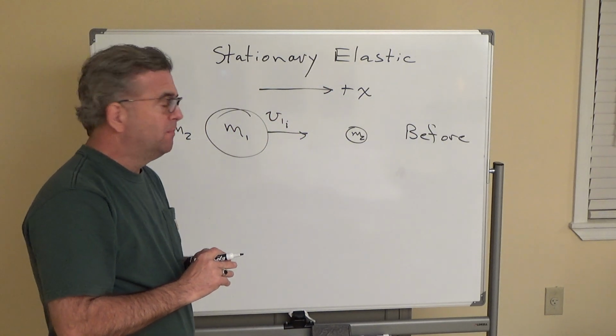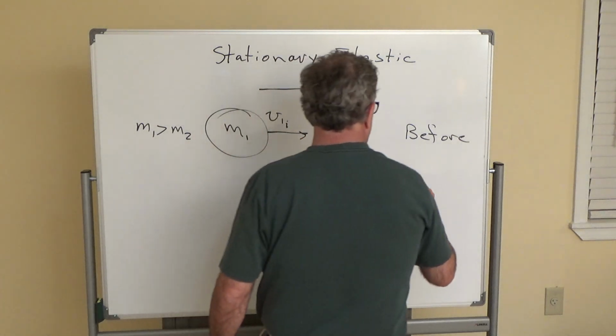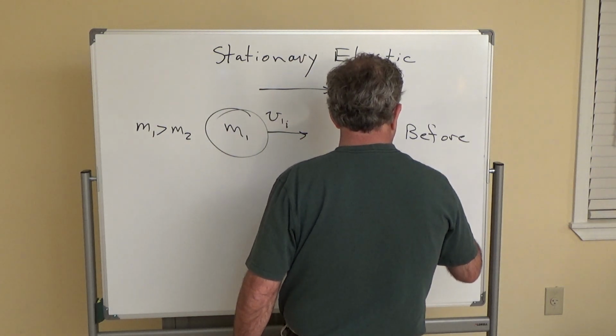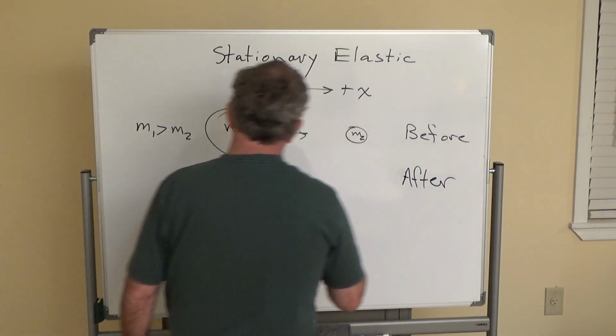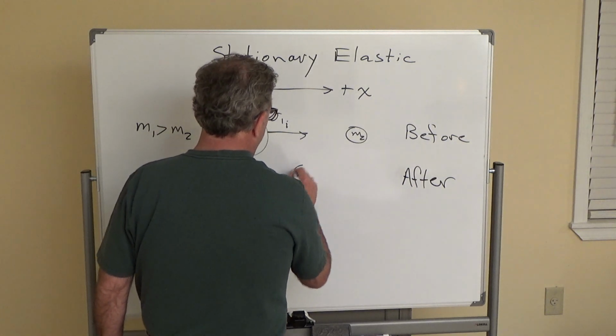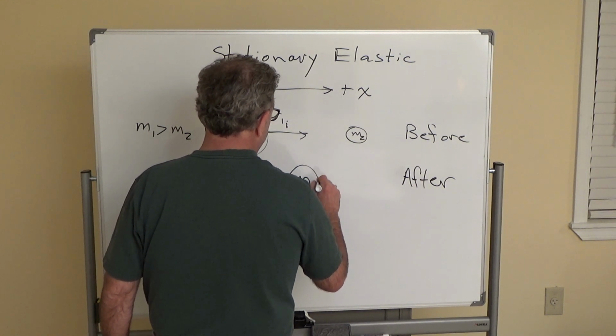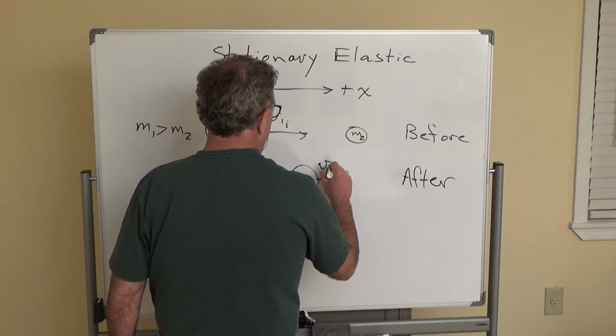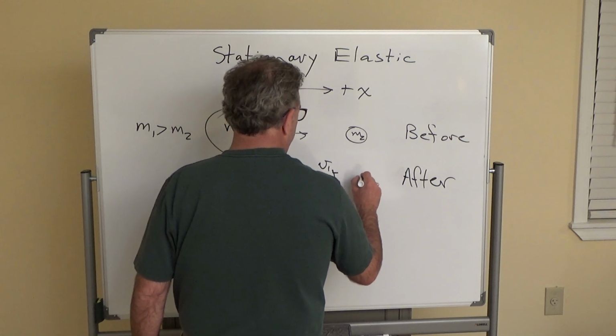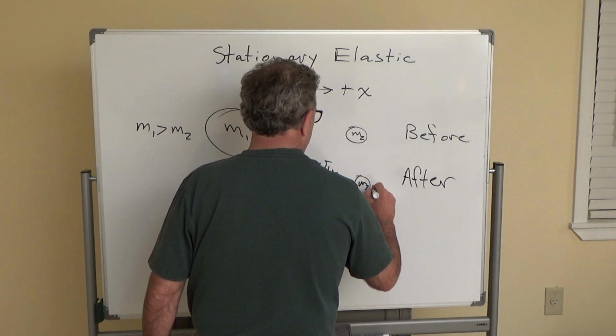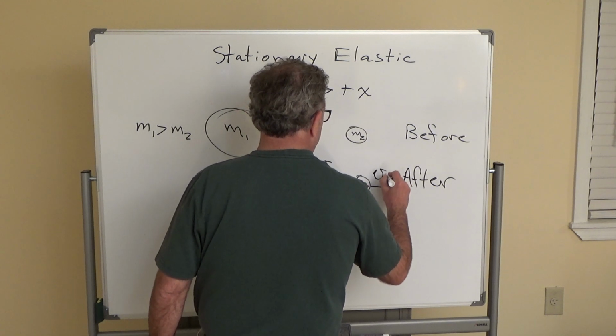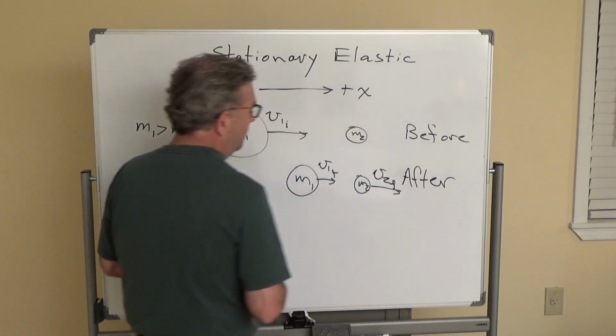Okay? So after the collision, you have M1. I'm not going to draw it as big. V1 final. And M2, V2 final.